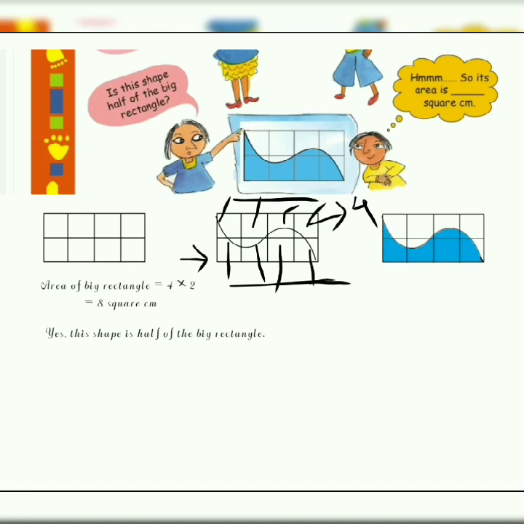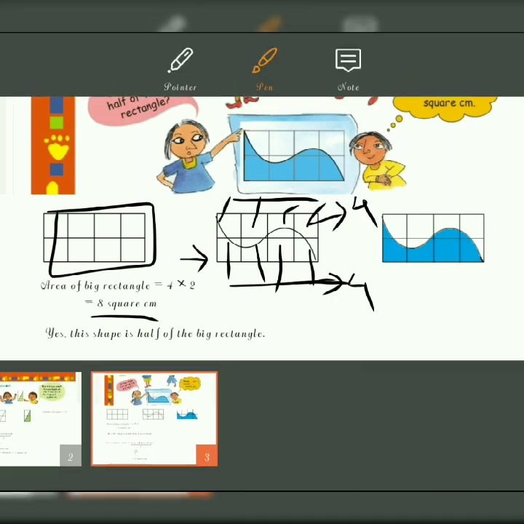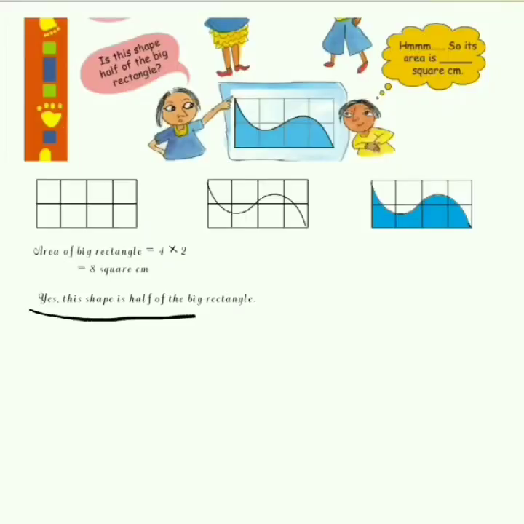So same as here, there will be 4. So both shapes are half of the full square, as area of full square is 8 square centimeter. Clear? Yes, this shape is half of the big rectangle.